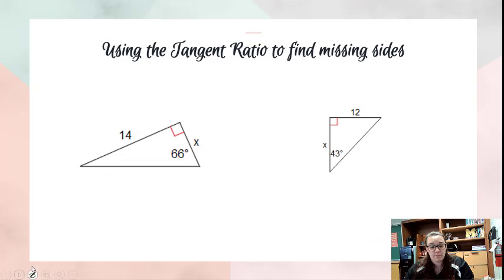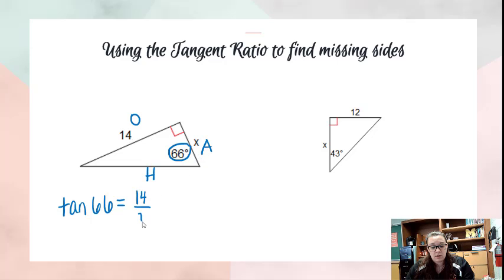Let's try another. I've got my reference angle of 66. Across from it is opposite, next to it is adjacent, and across from the right angle is hypotenuse. Let's set up our tangent of 66 equals, instead of opposite over adjacent, we'll put 14 over x. Now in this one, x is in the denominator, which is a little bit funny.